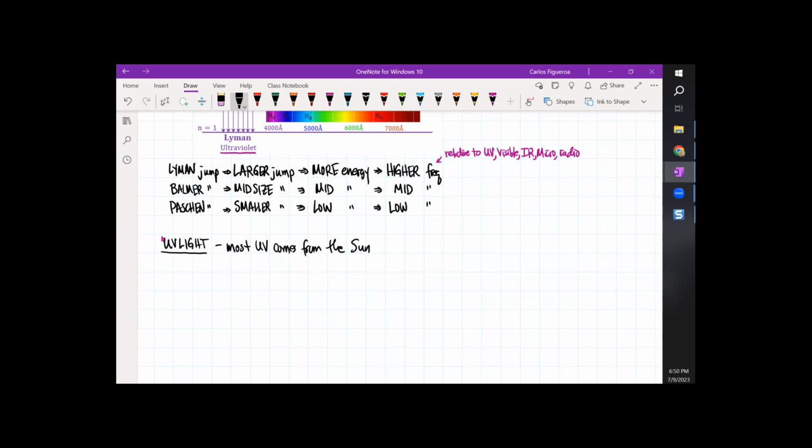We wear sunscreen and there's A and B, long or short UV, and that tells us a lot. But on Earth, UV is primarily produced by light bulbs.